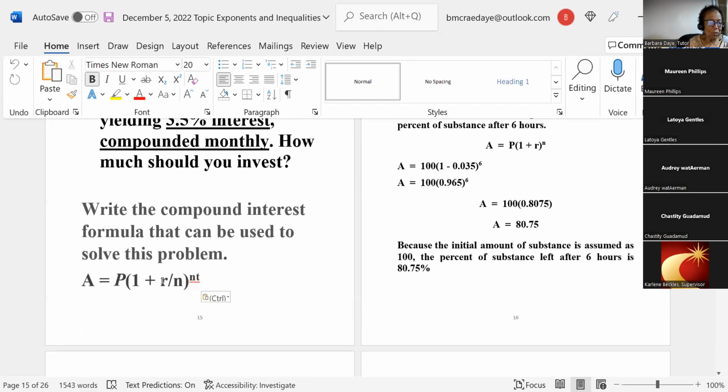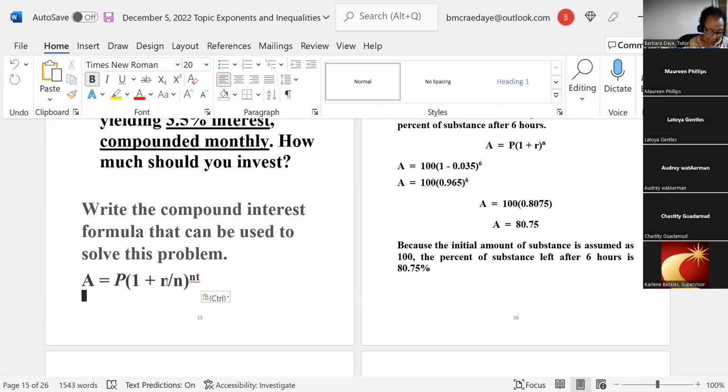I want you to substitute in it and tell me what you get. You want to make 10,000. So that A is what you want to make. This is how much you need to invest to make it. So you're really looking for P, right?